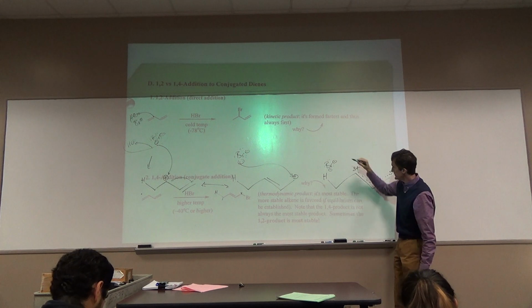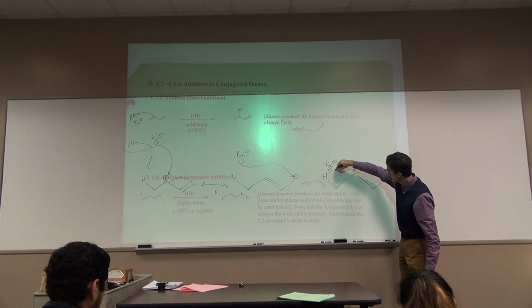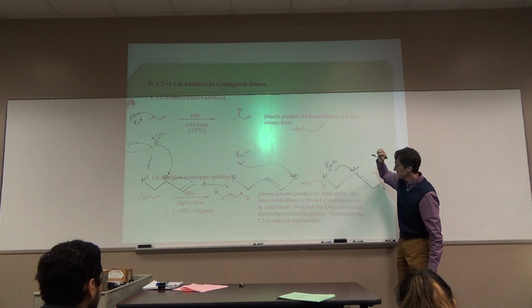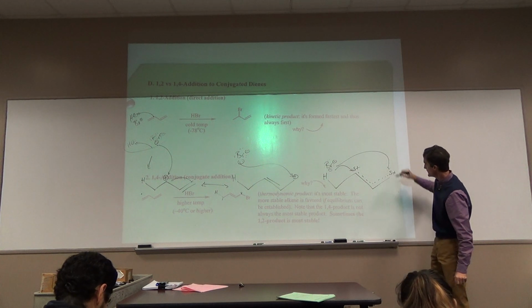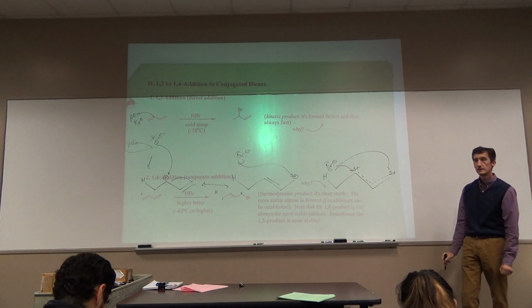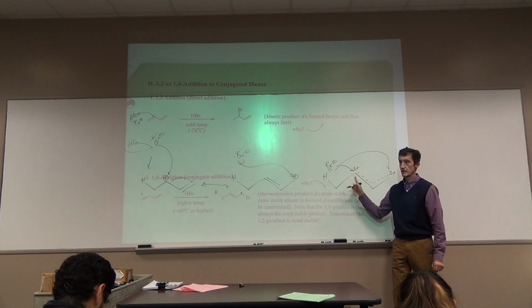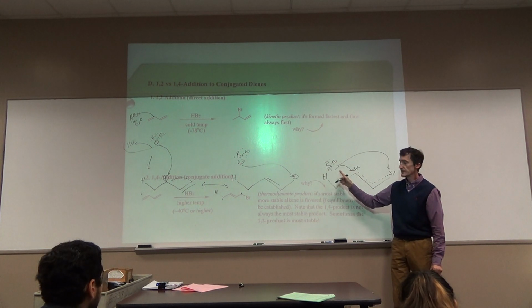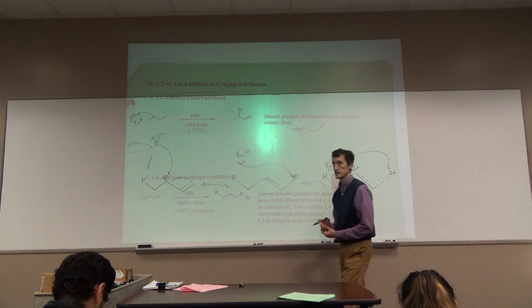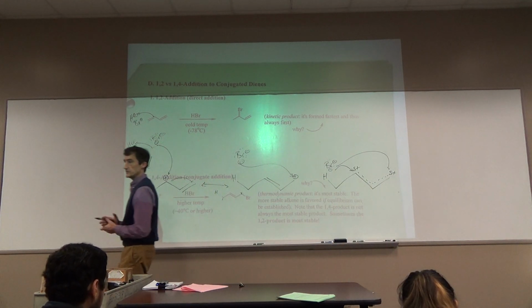Which one's going to be faster? Attacking here? I'm going to erase these zeros. Or attacking there. Which one's faster? First one. Why? Because it was closer. That's called a proximity effect. It just attacks it closer.